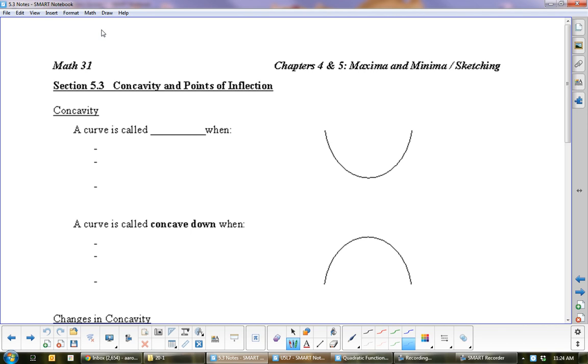For concavity, a curve is called concave up when the slopes of f prime are increasing. Also, what happens when it's concave up?